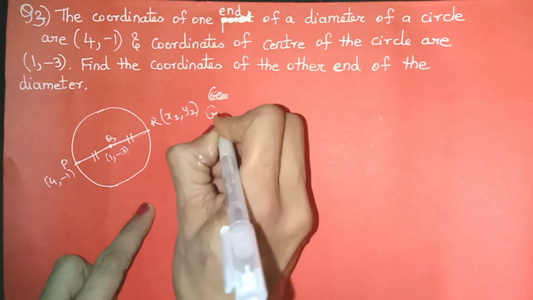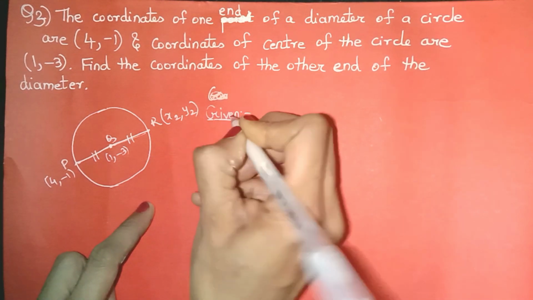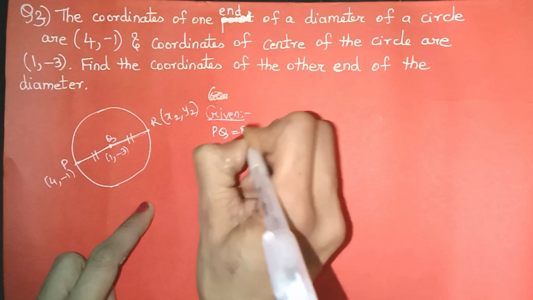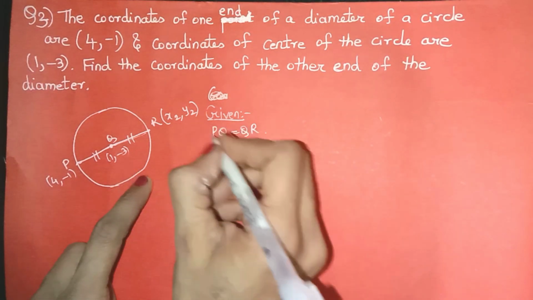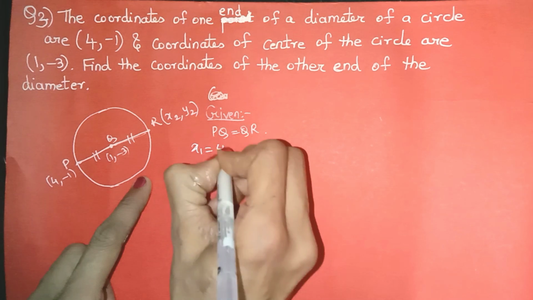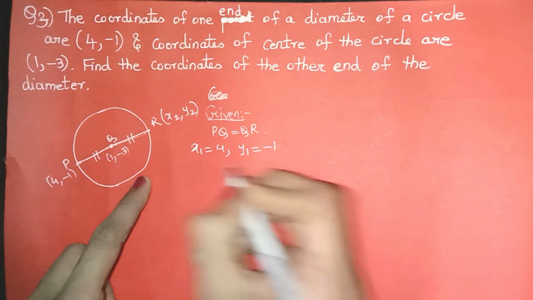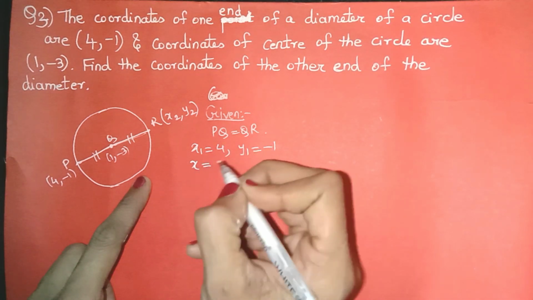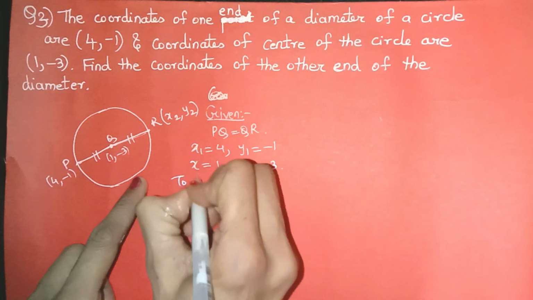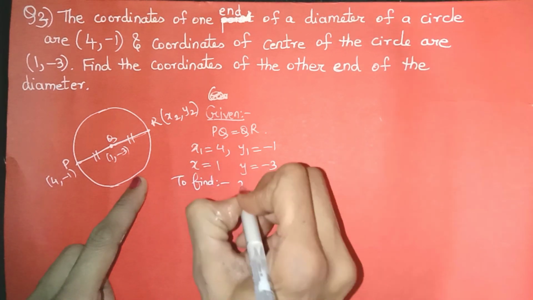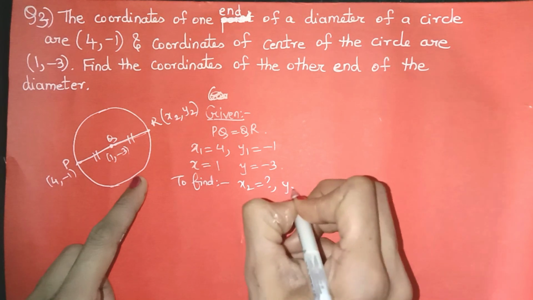So let us write all the given data. It is given that PQ is equal to QR and the coordinates of P and Q are given. Let me write that down. X1 is 4, Y1 is minus 1. And x I'm going to write as 1, y is minus 3, and I have to find what is x2 and y2.